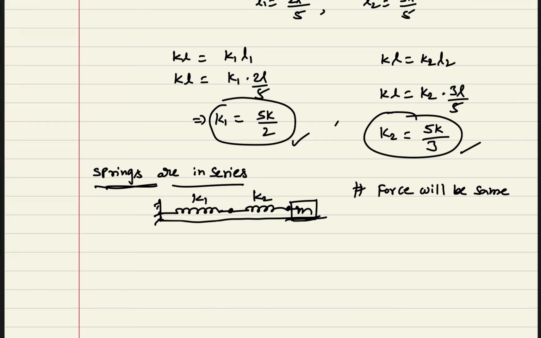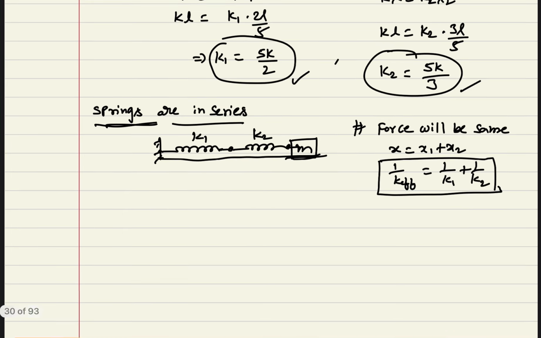If force is the same, then X is equal to X1 plus X2. We can write 1 by K effective as 1 by K1 plus 1 by K2. This is for springs connected in series.